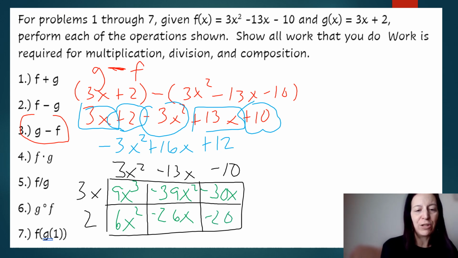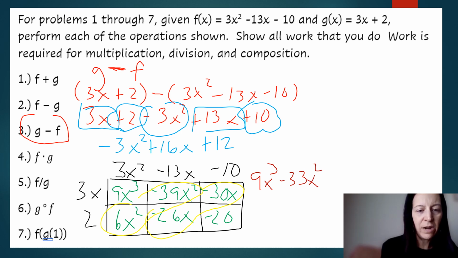And remember that we do want to add all of those up. And our like terms, conveniently enough, are on the diagonals because these were in standard form with nothing missing. So we will have 9x to the third. Negative 39x squared plus 6x squared is negative 33x squared.